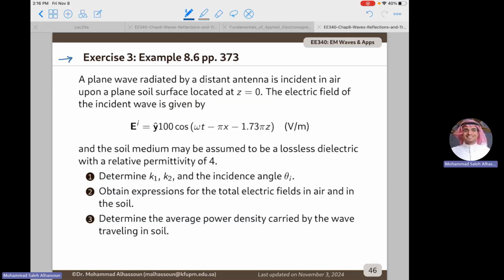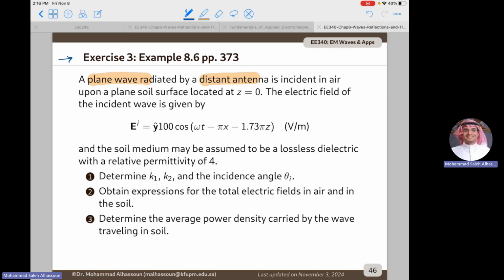So now let's actually solve this problem. We have a plane wave radiated by an antenna that's very far from the point of observation, so we can assume that the wave emanating from the antenna is a plane wave. It's at the interface between two media.